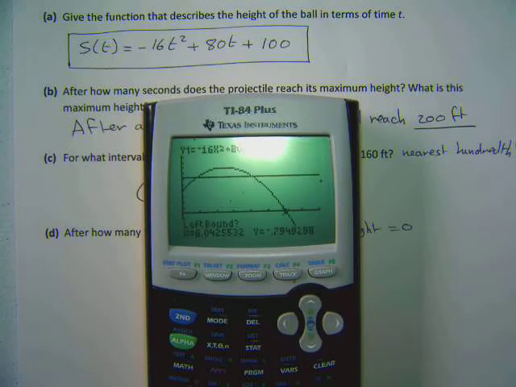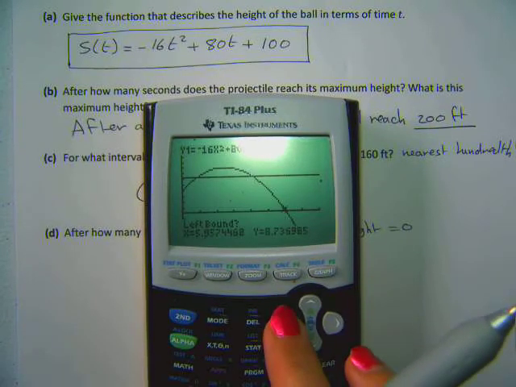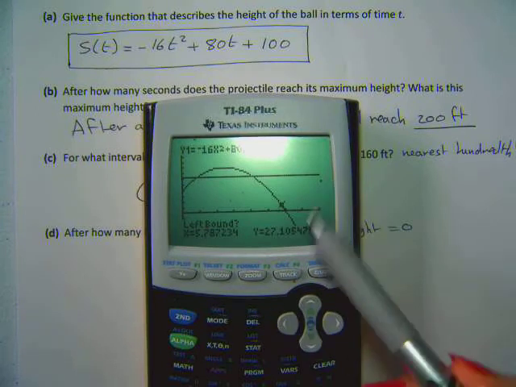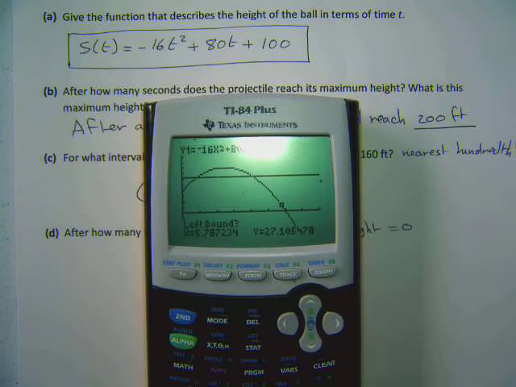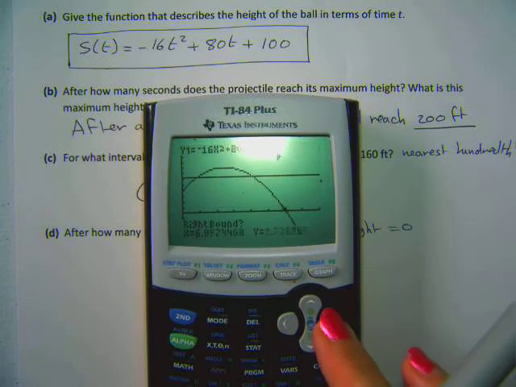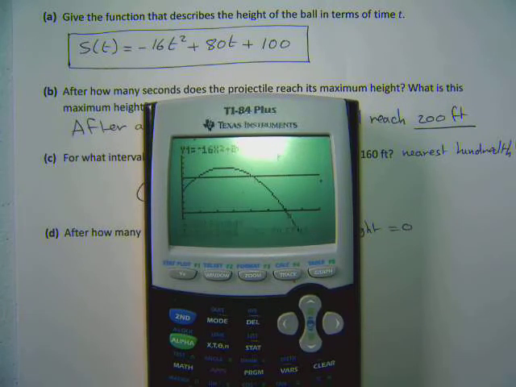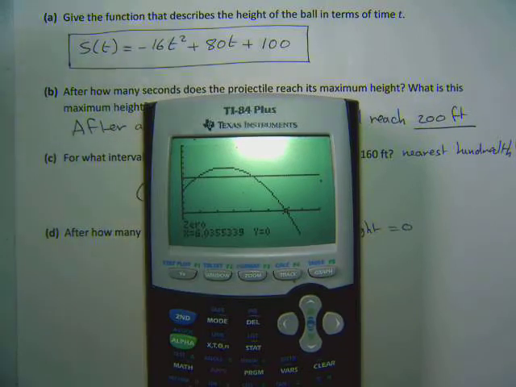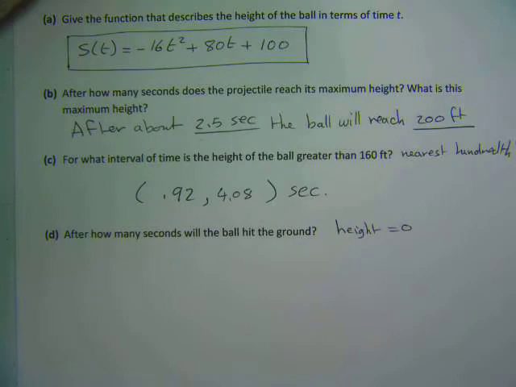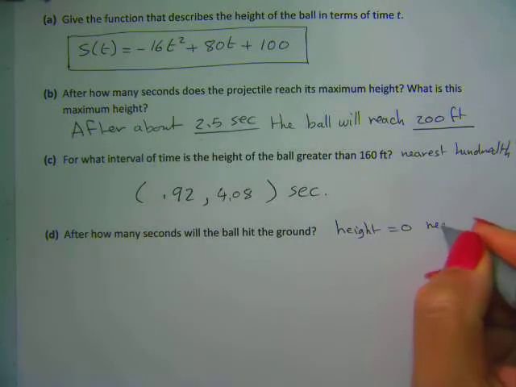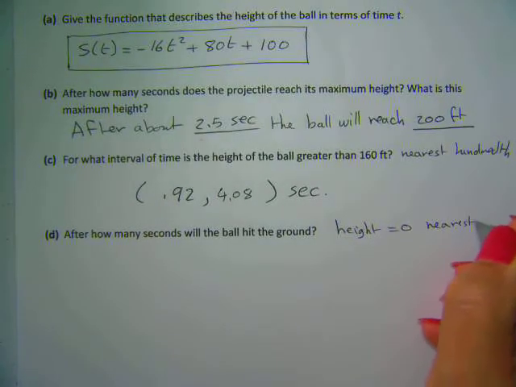Go to zero, left bound, so you go a little bit to the left, meaning above the 0, and hit enter. It's asking you for a right bound. With the arrow, go a little bit to the right of it, hit enter. Do you want me to guess? Enter. So it was very close to 6. It's 6.03, but we said to the nearest hundredth.